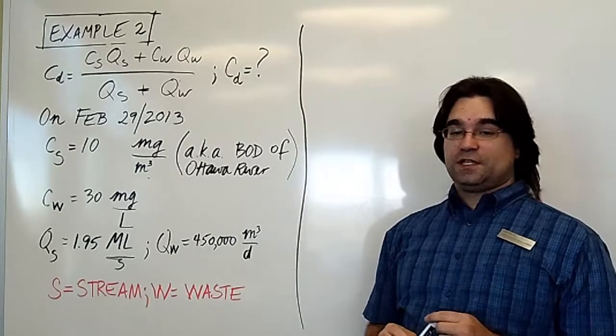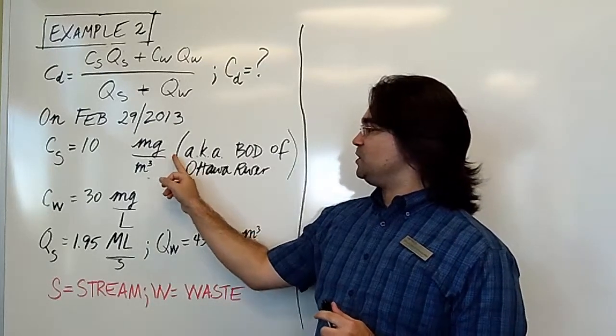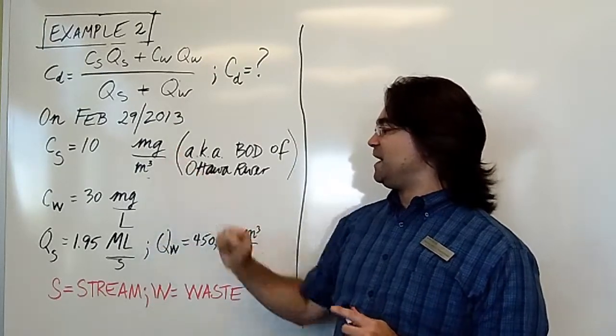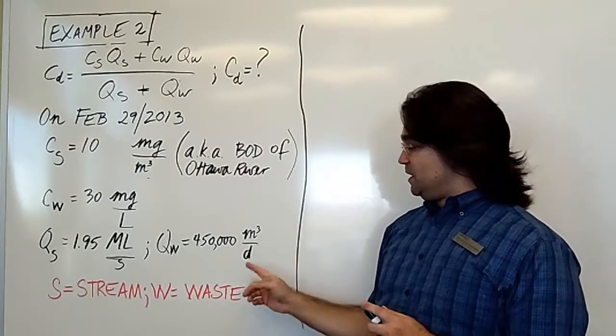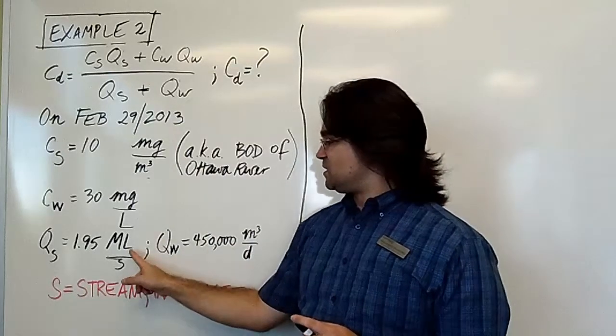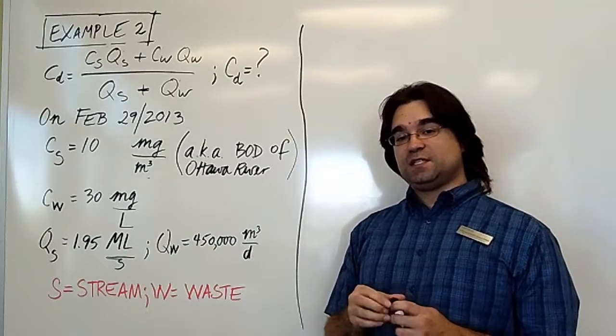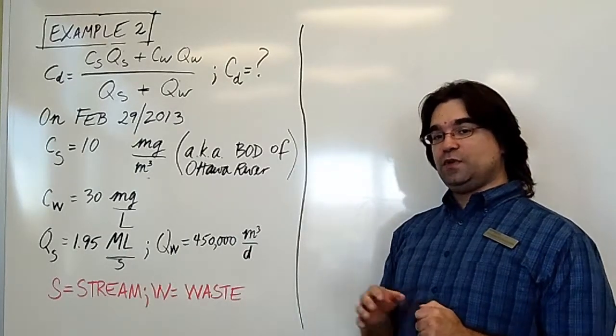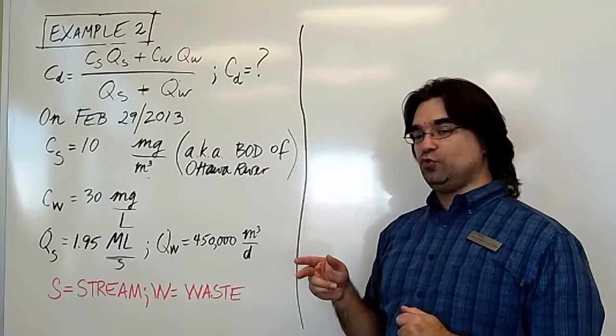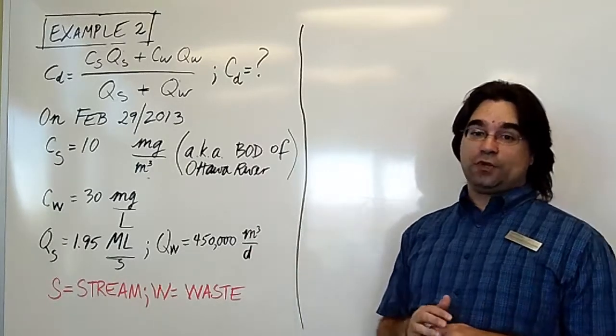So we have a choice. Do we convert these concentration units to that or this to that? Do we convert these flow units to this or this flow unit to that? I'm going to try to stay consistent and convert whatever units we have in this example here, number 2, to the same units we have with example number 1.